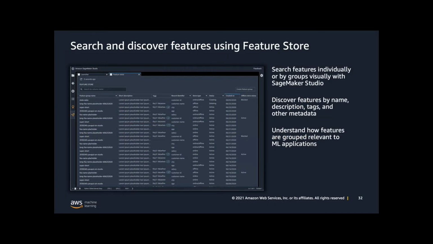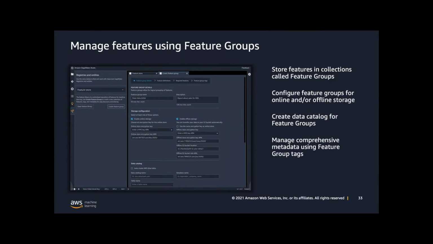And this is one of the key capabilities, as I just mentioned. Individuals using the platform, whether a developer or a data scientist, can search and discover features using the feature store as a single source of truth. You can manage features using feature groups, right?